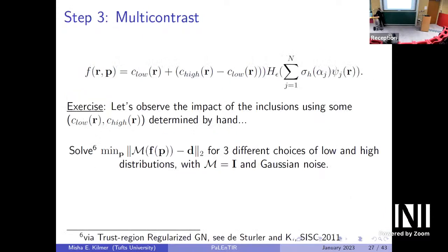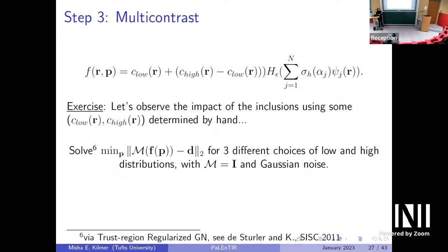So in this case, it changes our model a little bit. We have this, but I just want to make it clear that low resolution choices for these things will work well. So I want to try and show you the impact of the inclusions using some hand-chosen versions of these things.